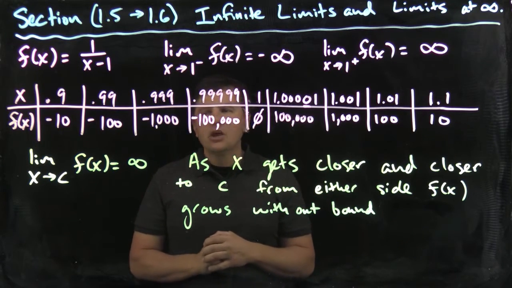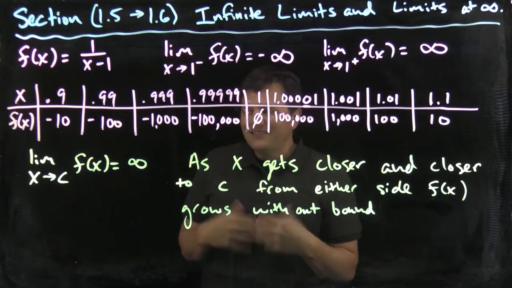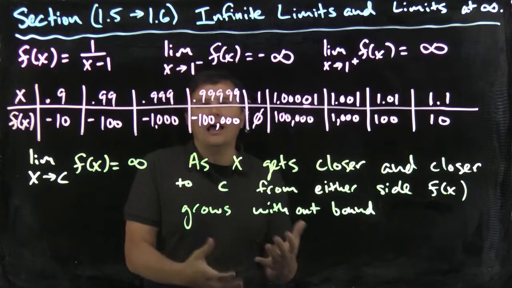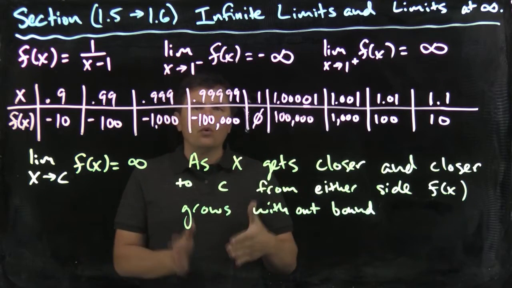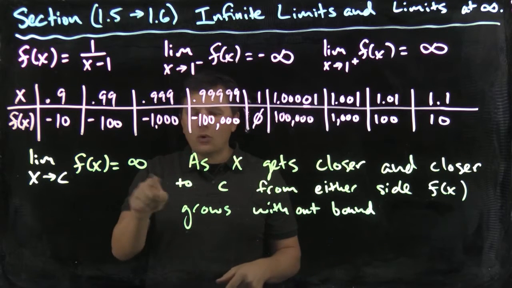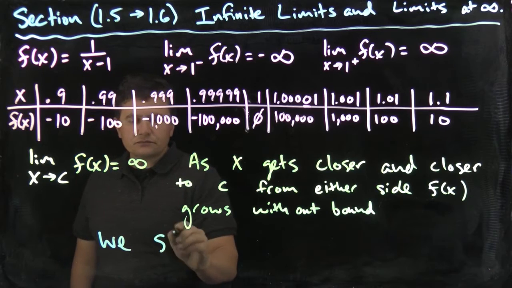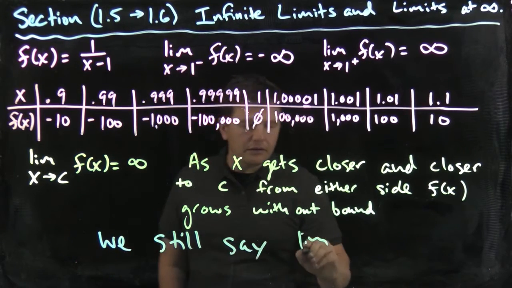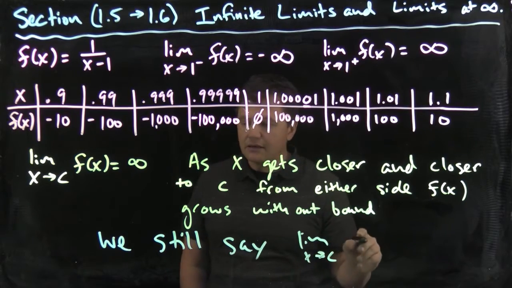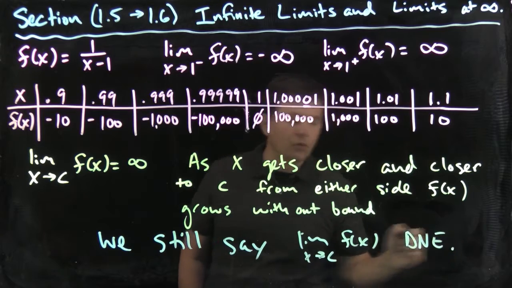It's a concept. So even though we would say this limit is equal to infinity, this is not like saying the limit is equal to L. When I say the limit is equal to L, I'm saying that the limit exists, as in it equals a specific number. The limit going to infinity, we would still say the limit as x approaches c of f of x does not exist because it doesn't equal a number.